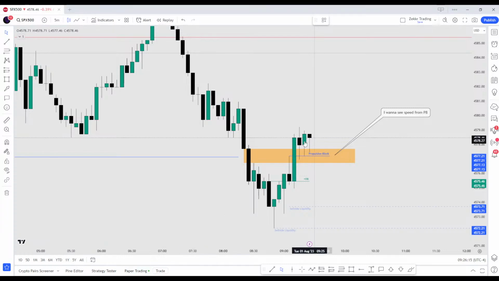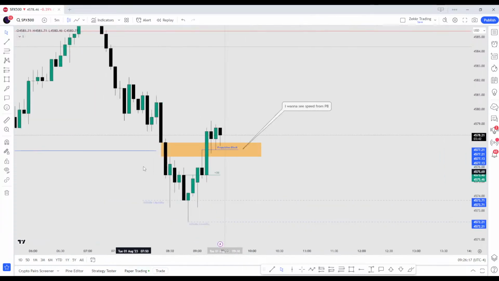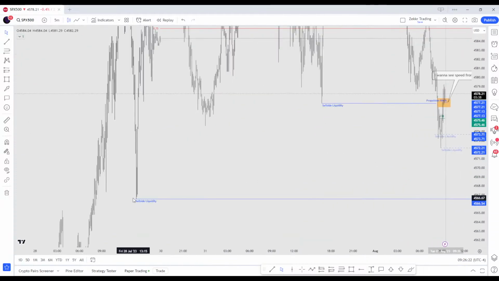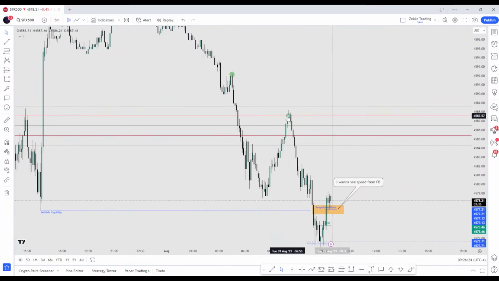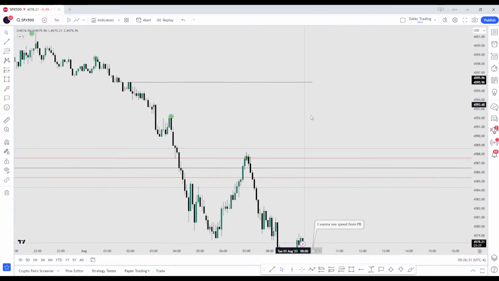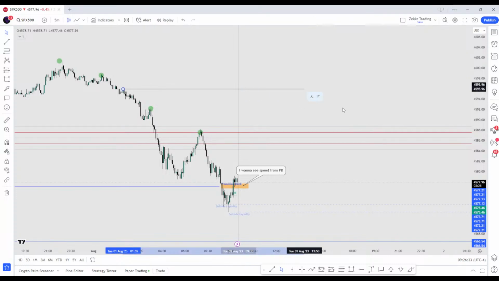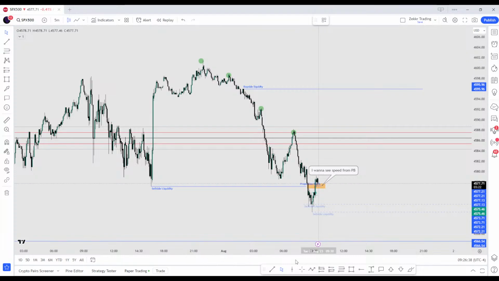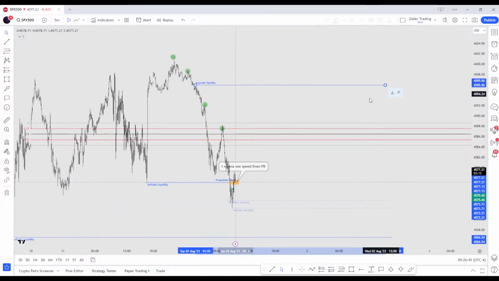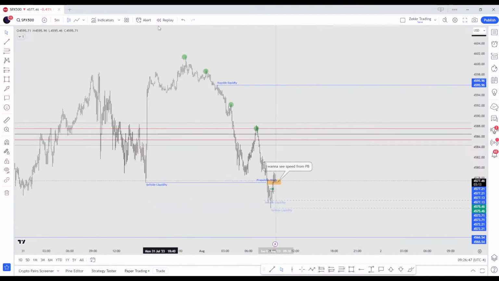So we have the rejection block, sell side liquidity below the low, and we have external sell side liquidity plus buy side liquidity above the London highs. So London's buy side liquidity, and then buy side liquidity above here, which I'm not gonna mark because we already did that. London buy side liquidity is a time-based liquidity.